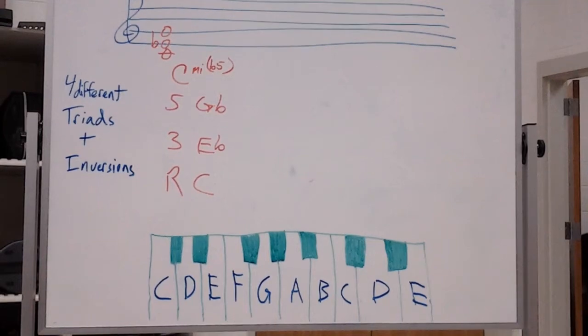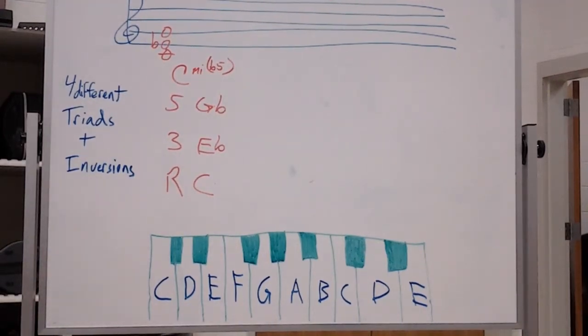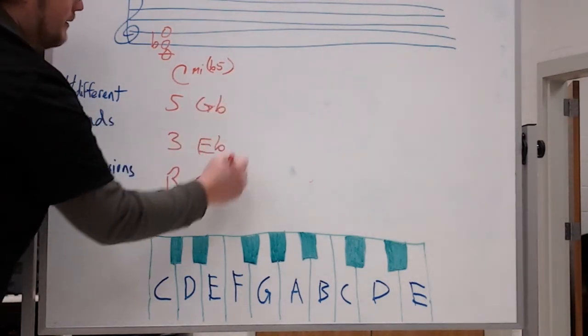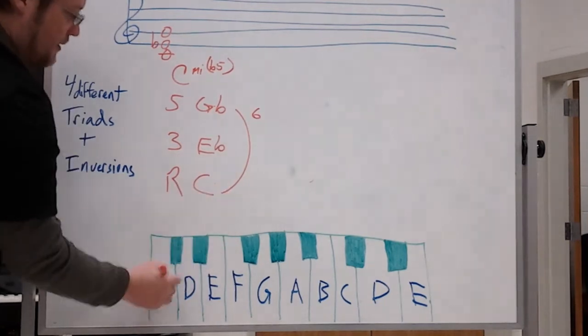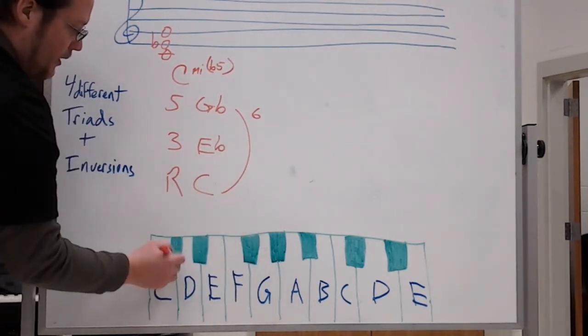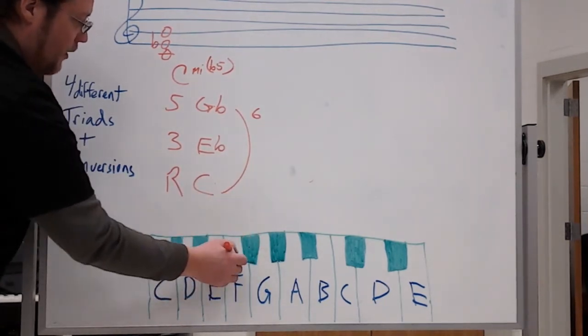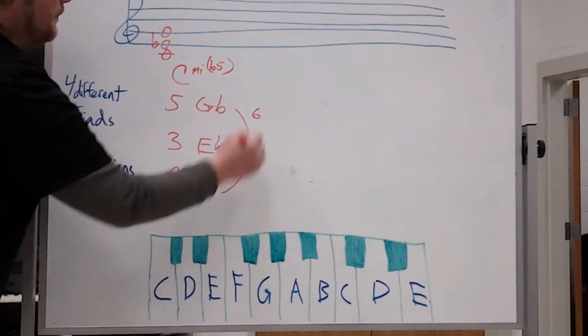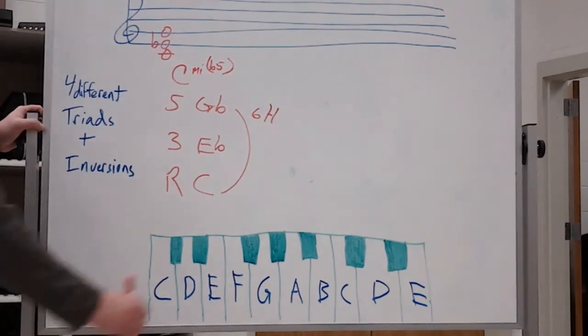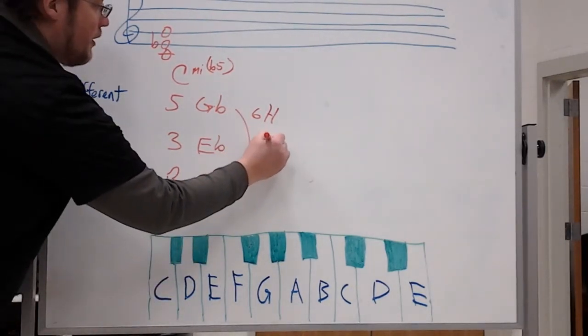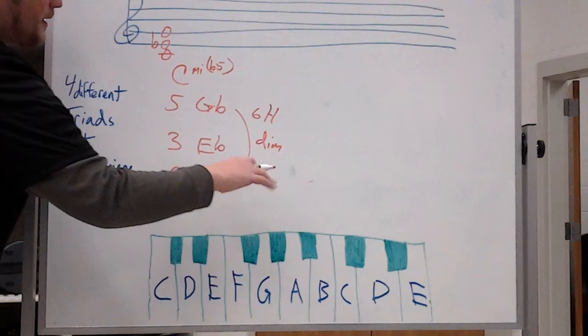A little bit more of a dissonant sounding triad because it doesn't have that nice perfect fifth in it. It now has what we call a diminished fifth. 6 half steps from C to G flat. 1, 2, 3, 4, 5, 6. 6 half steps gives us a diminished fifth. We're making that fifth smaller.